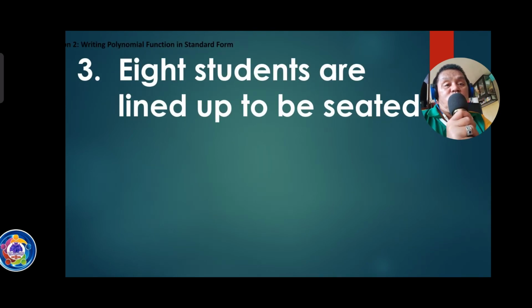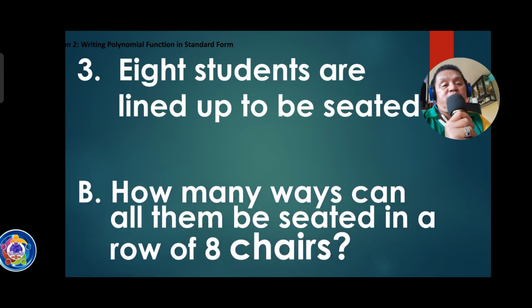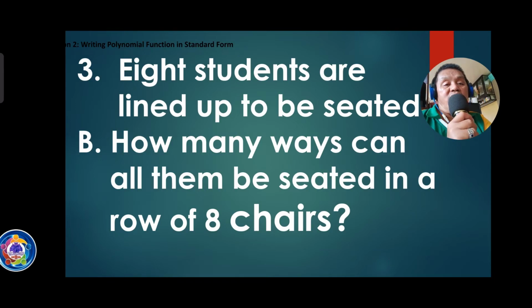And let's go to still number 3. 8 students are lined up to be seated. Letter B: How many ways can all of them be seated in a row of 8 chairs?